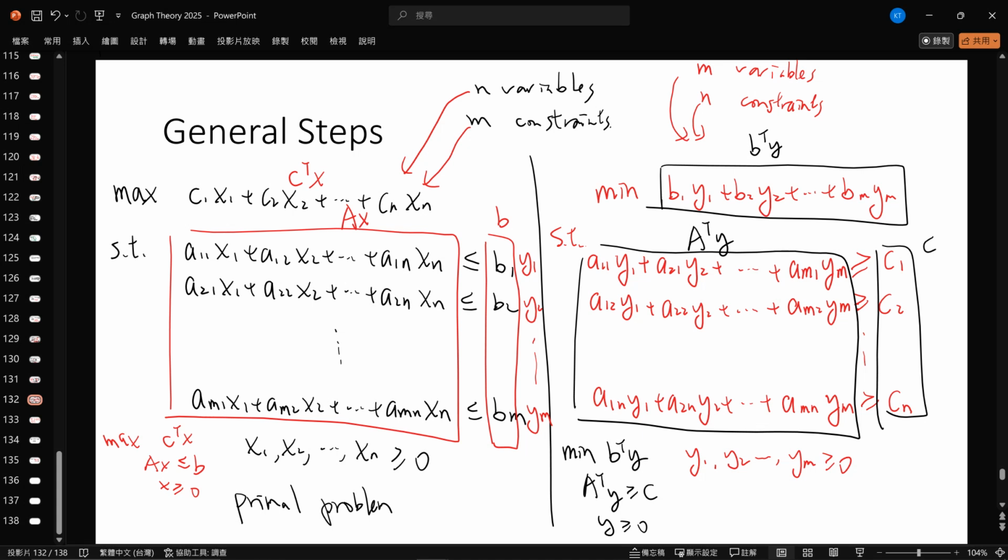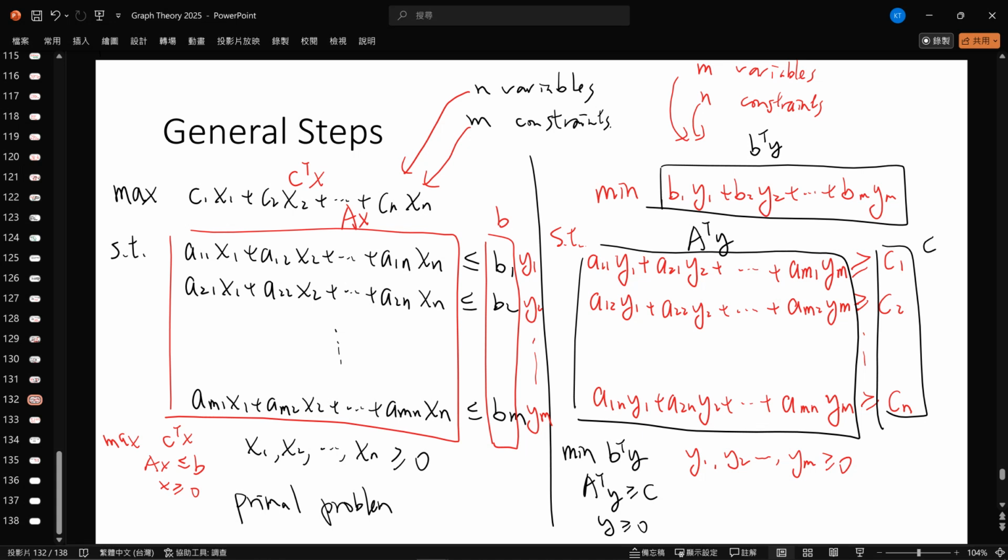We start with x1. What is the coefficient of x1 after you compute the weighted combination of these m constraints? It will be just a11 times y1 plus a21 times y2, and so on up to am1 times ym.